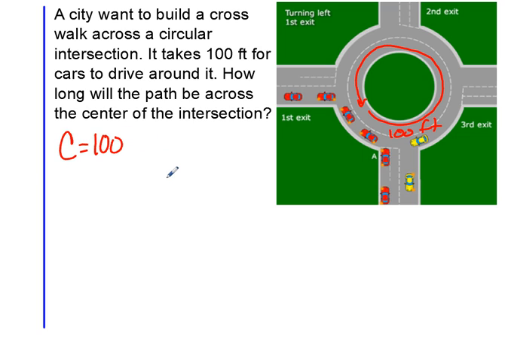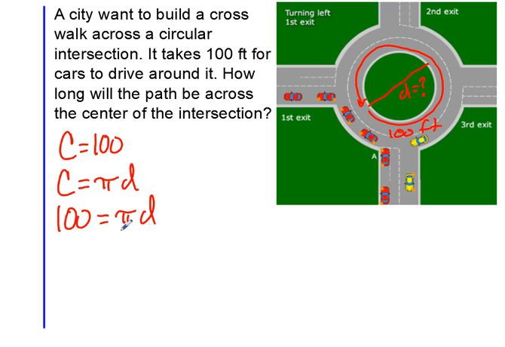If I want to figure out how long it is across the intersection, then what I'm asking for is diameter. So what is the diameter? Well, let's remind ourselves of what the circumference formula is. It's pi times diameter. So I could plug the 100 into the C and work this formula backwards. 100 equals pi times d.